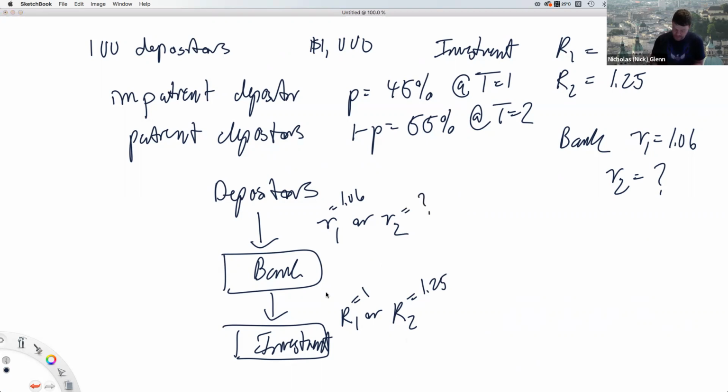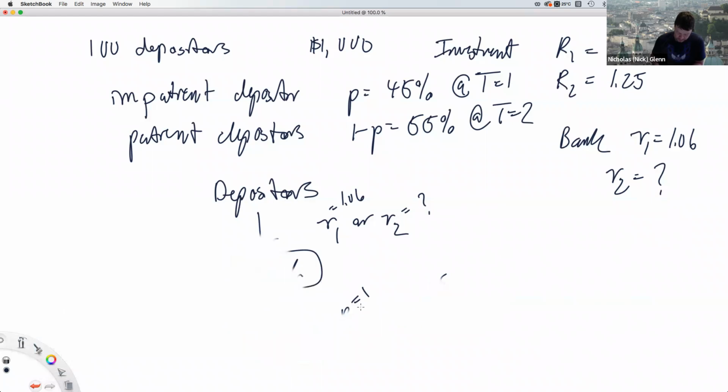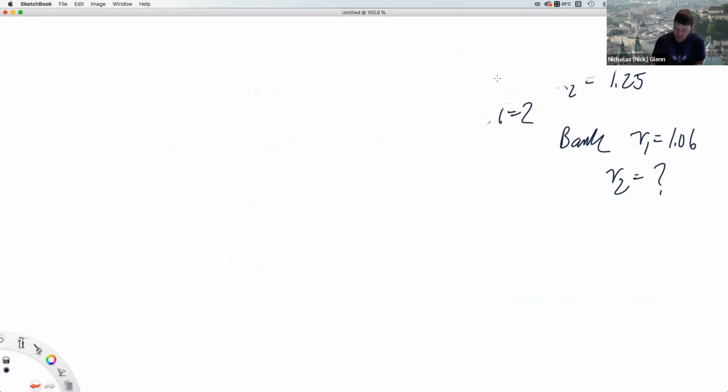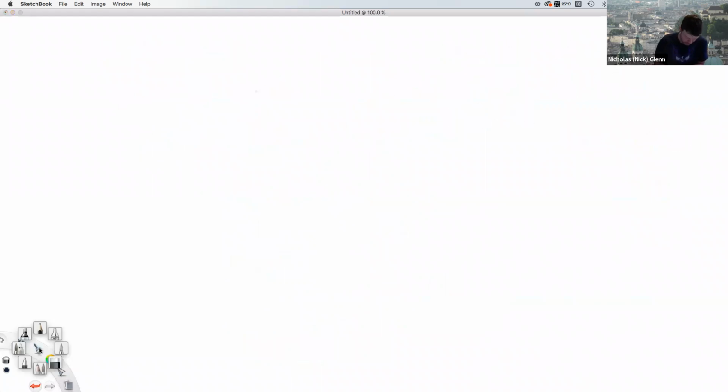All right. And so we have all these assumptions and variables down. Let's do number 1. That is, we need to find r2. So let's get started here.